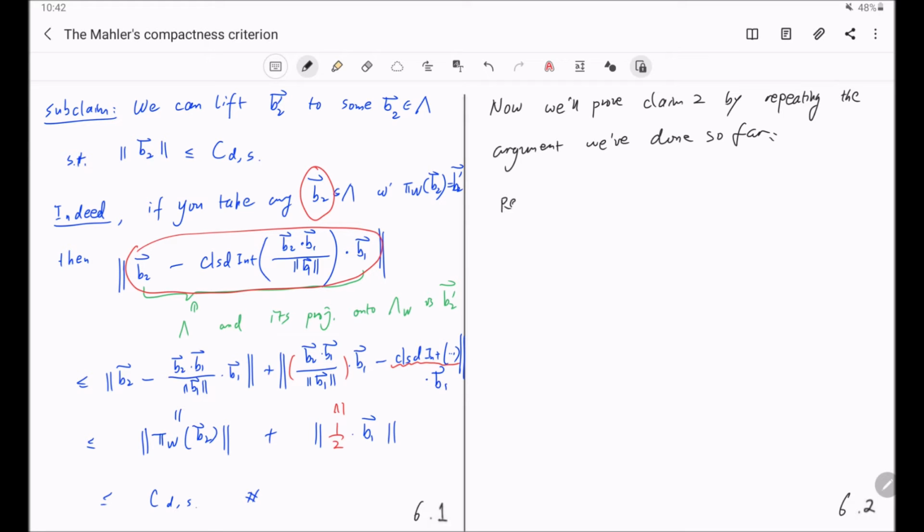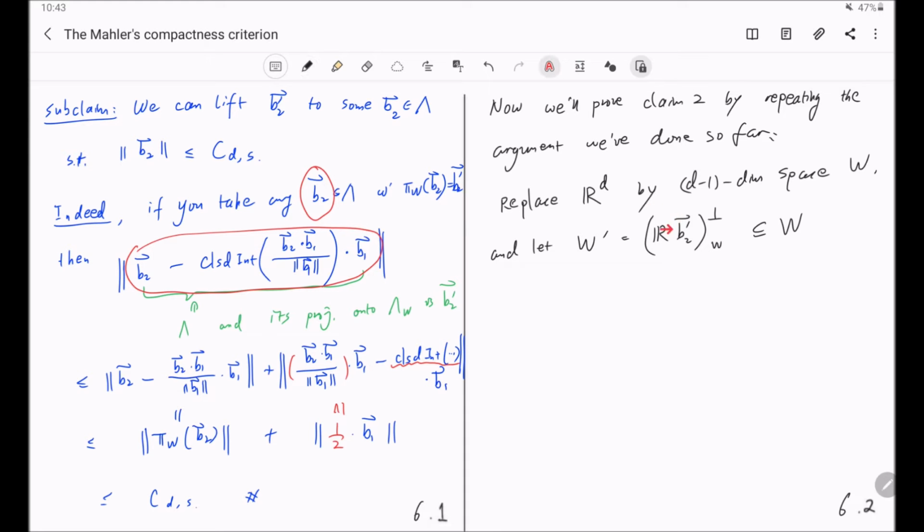Now we replace the original R^D by the R-1 dimensional space W, and let W prime be the orthogonal complement of this line in W. So this is a subspace of W. This is a subspace that is the orthogonal complement of this line in W.